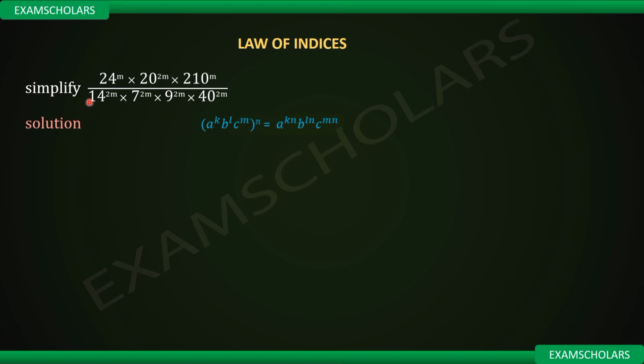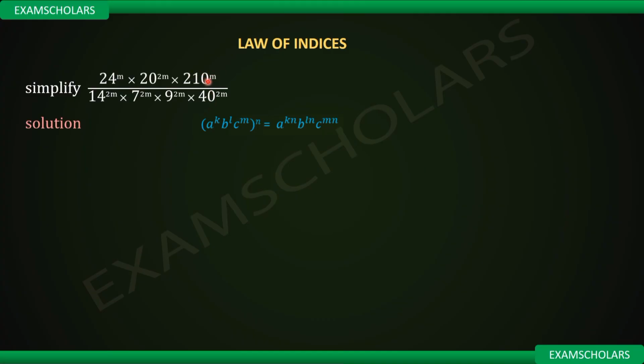Now look at 14. 14 is also 2 times 7. 9 is 3 raised to power 2. If you look at 40, 40 is also 4 times 10. And your 10 is 2 times 5. 40 is 8 times 5. 8 is already 2 raised to power 3. You have 5 here.